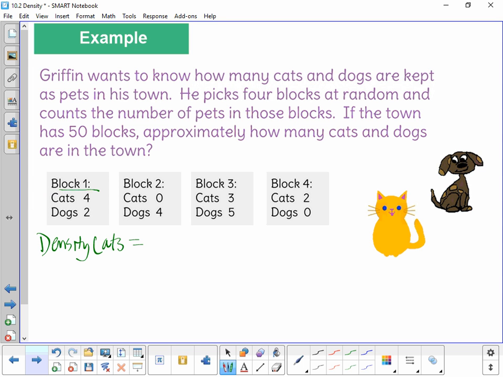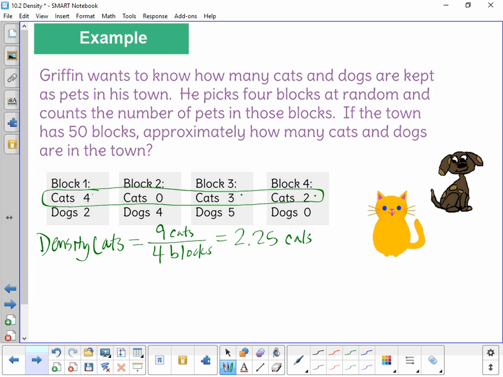Well, the density would be how many divided by the area. Well, how many in this case? There's 4 plus 3 is 7 plus 2 more is 9. We have 9 cats per an area of 4 blocks. Well, that gives me a cat density of, if I calculate that, 2.25 cats per block. So now I know the density.